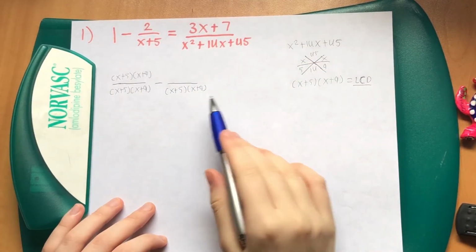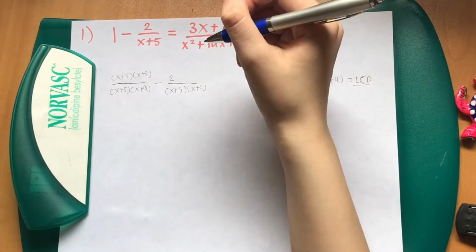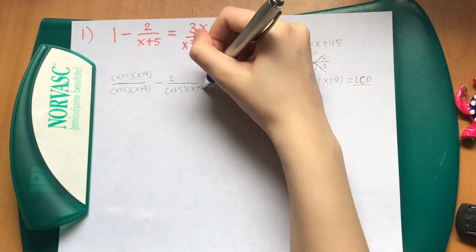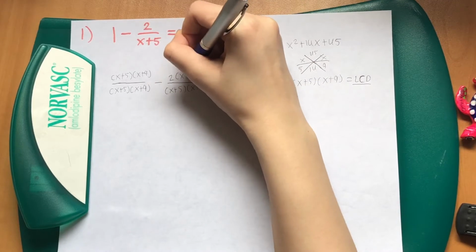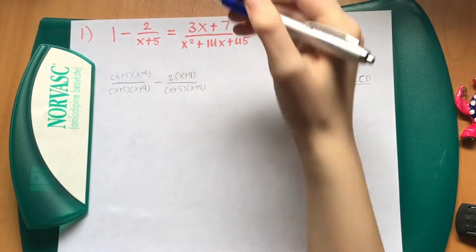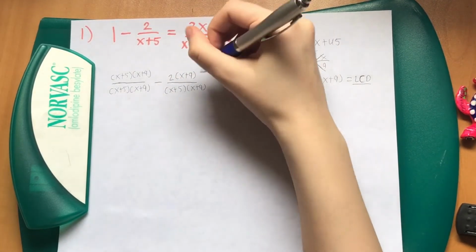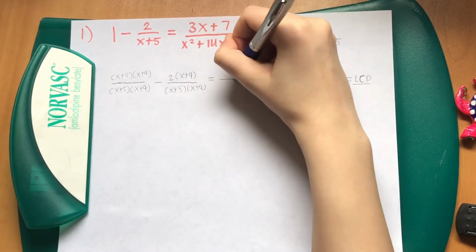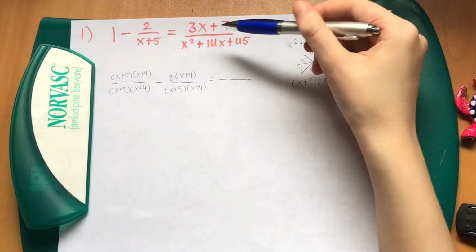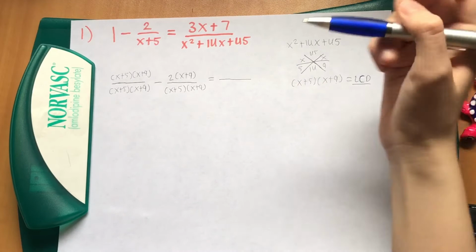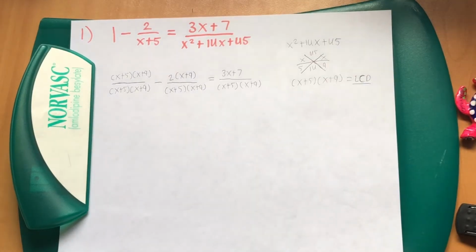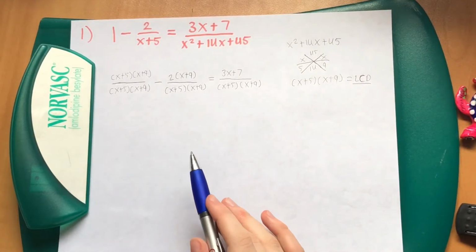Since you have to multiply x plus 9 to the denominator, we would have to multiply x plus 9 on the numerator as well. So you would have 2 times x plus 9. And here, since this is equal to this, nothing would change.